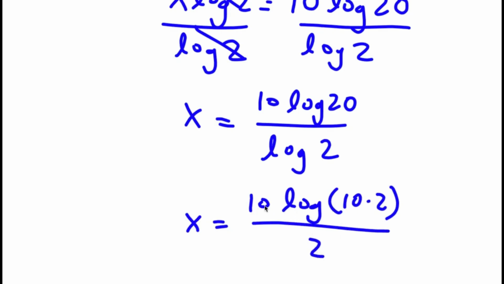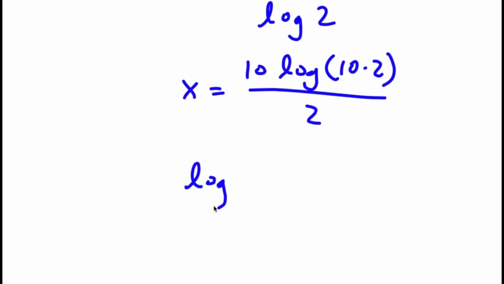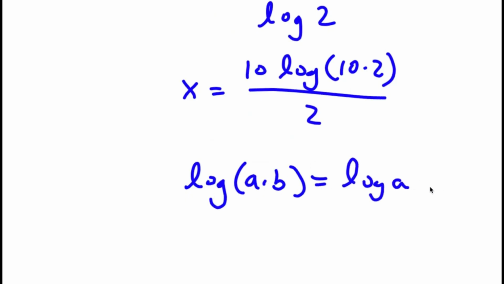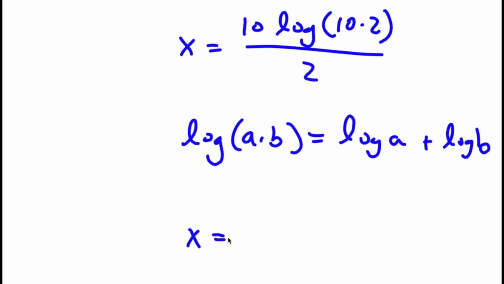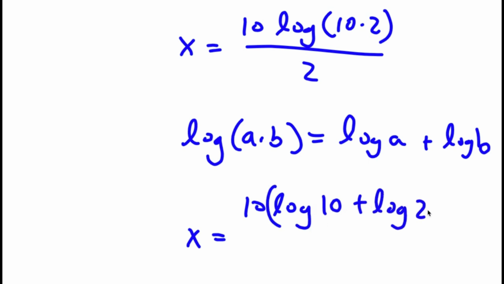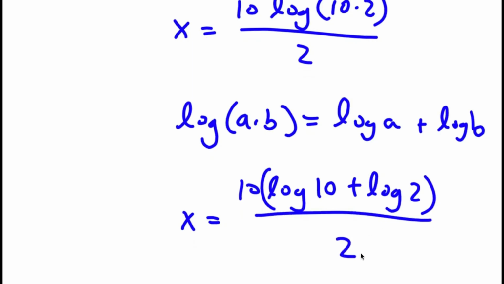And now if I have something in the form log a times b, that is simply equal to log a plus log b. So in this case, log 10 times 2 is going to equal log 10 plus log 2.